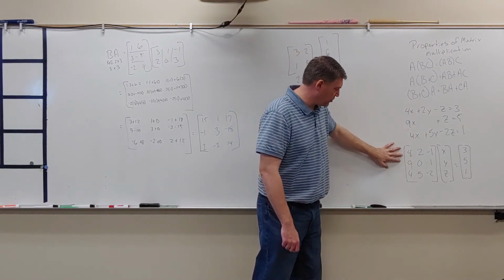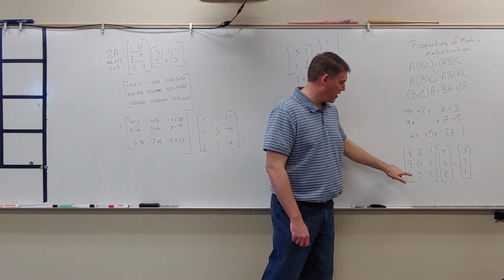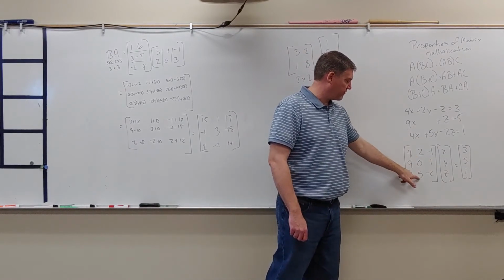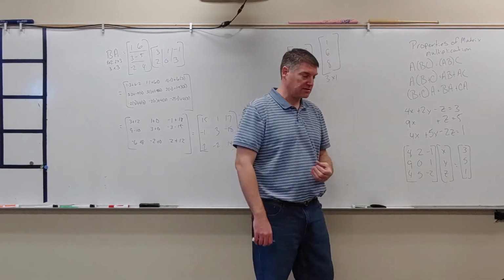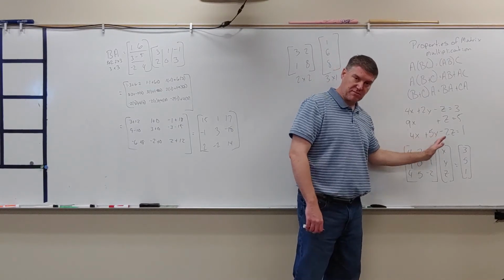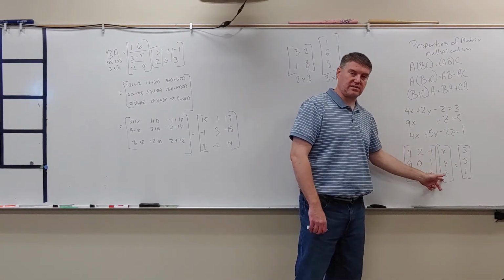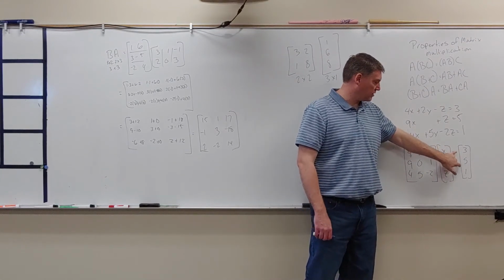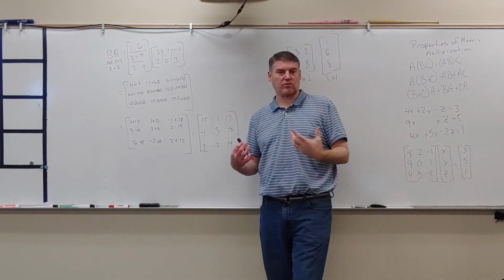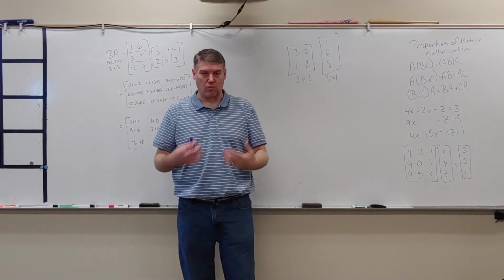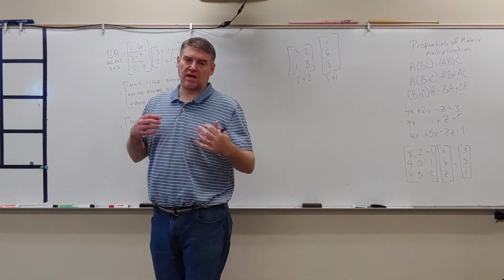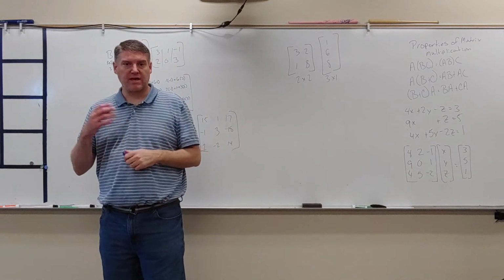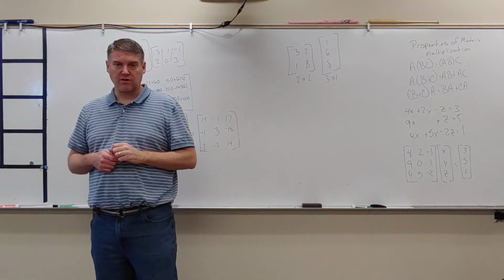So the coefficients go in one matrix, 4, 2, negative 1, 9, 0, 1, 4, 5, negative 2. That's one matrix. My next matrix is my variables, x, y, z, the vertical line. And then I have my last matrix, which is my equals, 3, 5, 1. So that's matrix multiplication and kind of working through those.